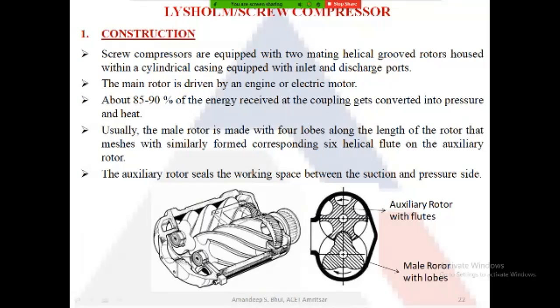The one on the top is known as the auxiliary rotor, and it has these flutes inside. These grooves are known as flutes. This is also known as a female rotor. And on the bottom side you can see a male rotor. It has lobes on it. So we have a female rotor and a male rotor.